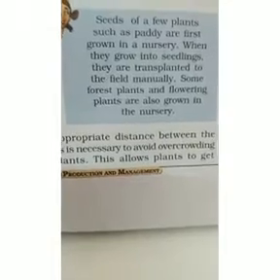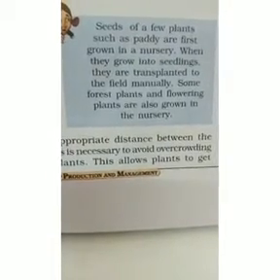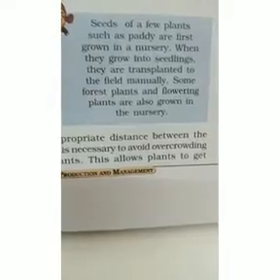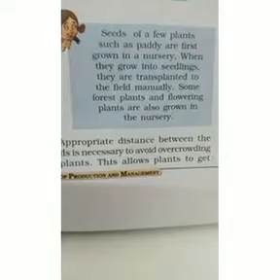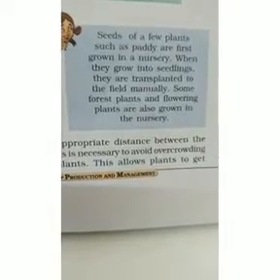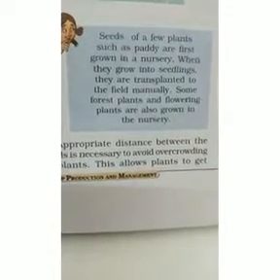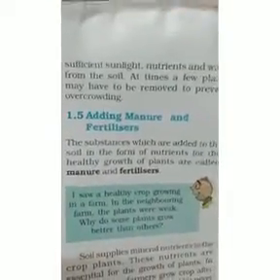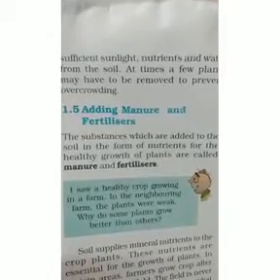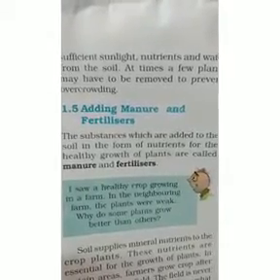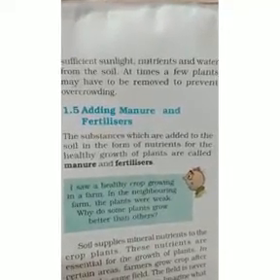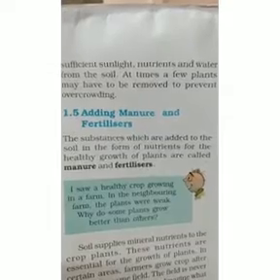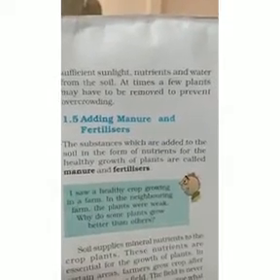Now, previously I told you appropriate distance is to be maintained between the two seeds. Why? If we don't maintain the distance, what happens? Overcrowding takes place, and this doesn't allow the plants to get sufficient sunlight, nutrients and water from the soil, which is very much important for a plant to grow in a healthy way. At times, a few plants may have to be removed to prevent overcrowding.